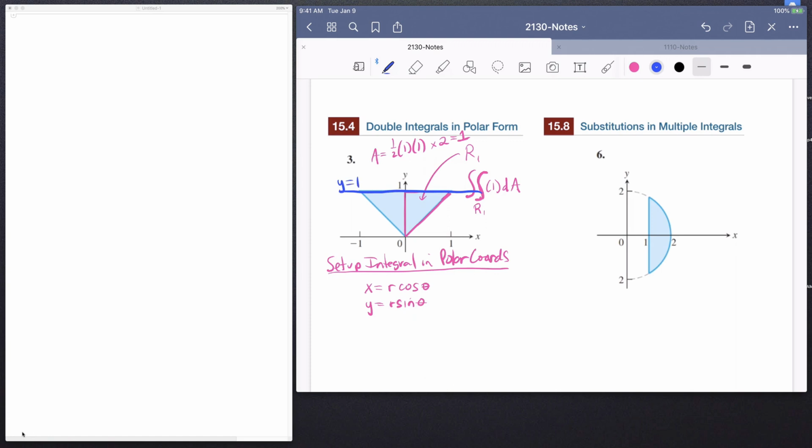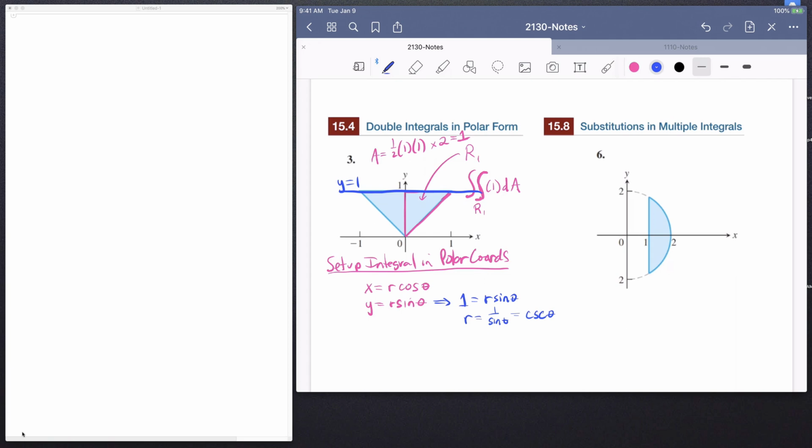So if y is equal to 1, we can find an alternate formulation: 1 will be equal to r sine theta, which means that r is equal to 1 over sine of theta, which is also called the cosecant of theta.